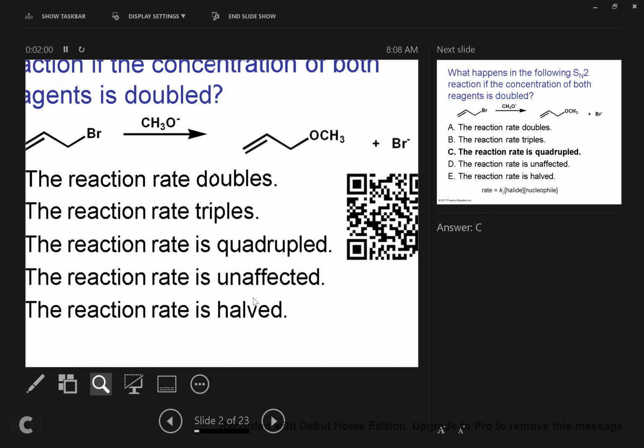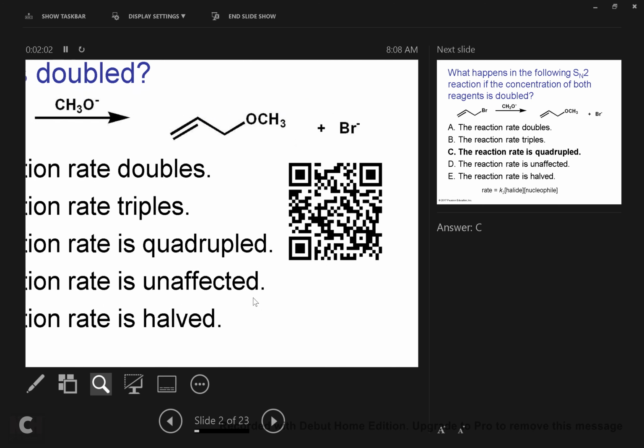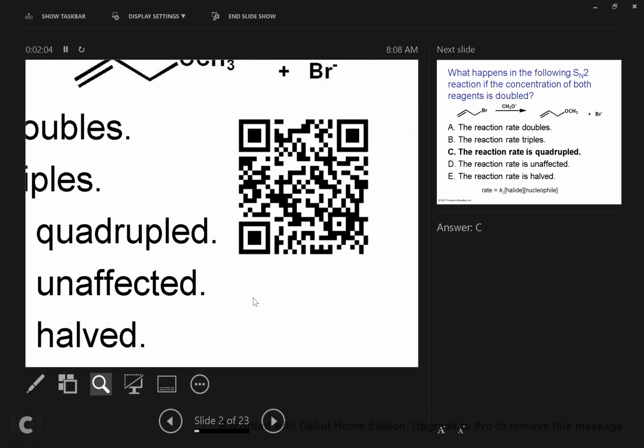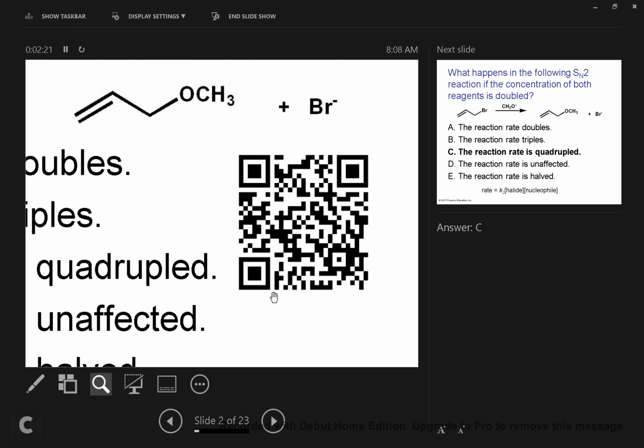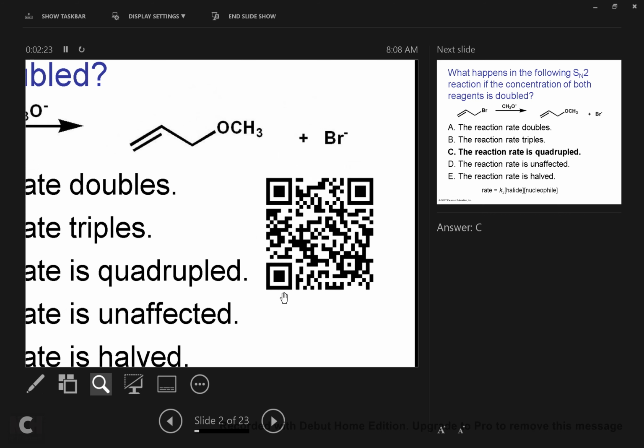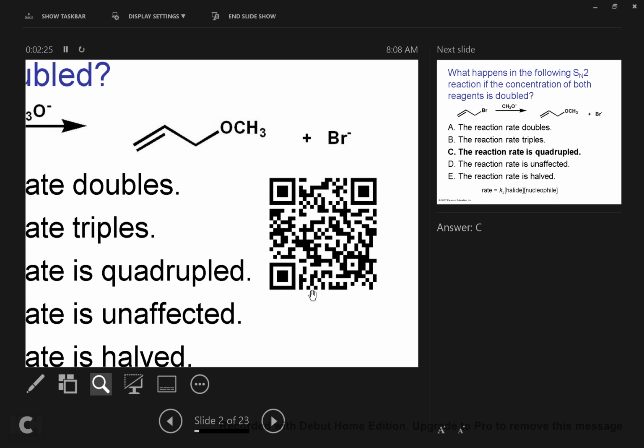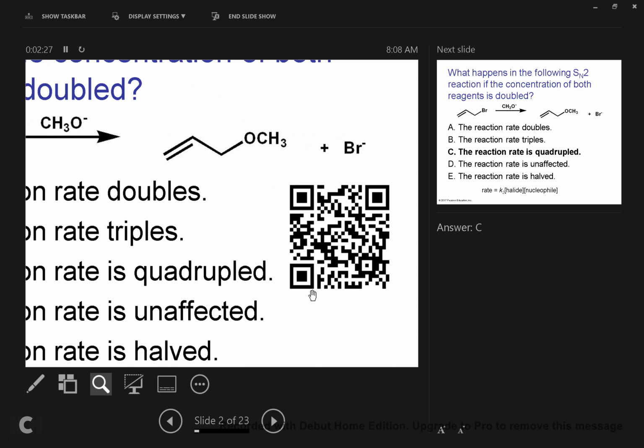Let me see. Well, at least you will be able to see. You read the question on the phone, but you need to see the structure. You need to see the answer? There it is.